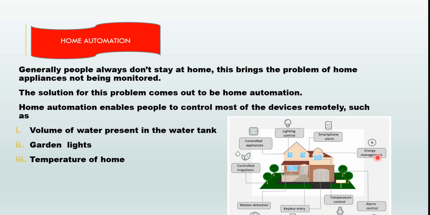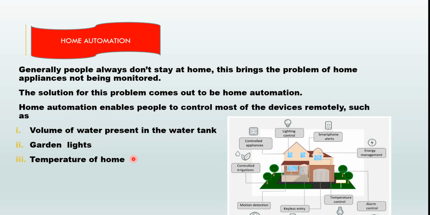We can make any kind of things. Also, we can control the water tank in our home, the inlet and outlet valves. These are the things we can make in our home. This is nothing but home automation.